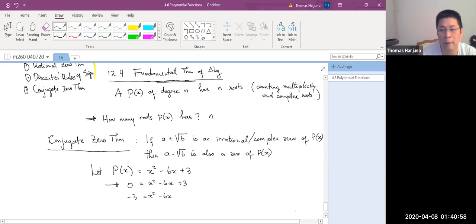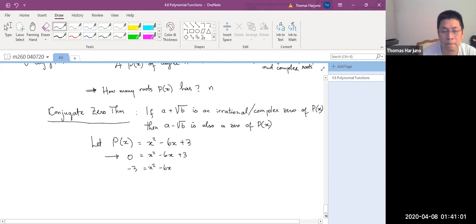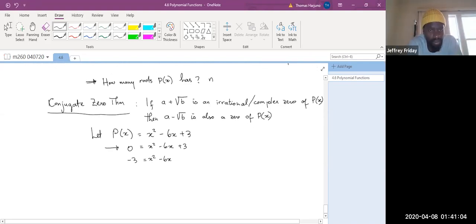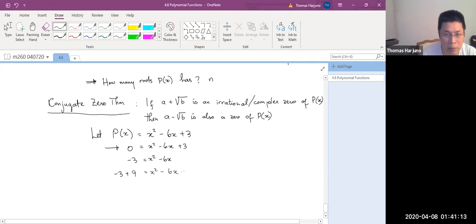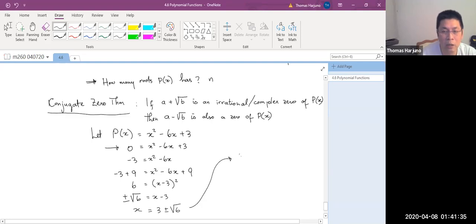What number should I add? 9. So negative 3 plus 9 equals x squared minus 6x plus 9. 6 equals (x minus 3) squared. When I apply the square root property, I get plus or minus square root of 6 equals x minus 3. So x equals 3 plus or minus square root of 6. Now you see that the solutions x1 and x2 are conjugates of each other.